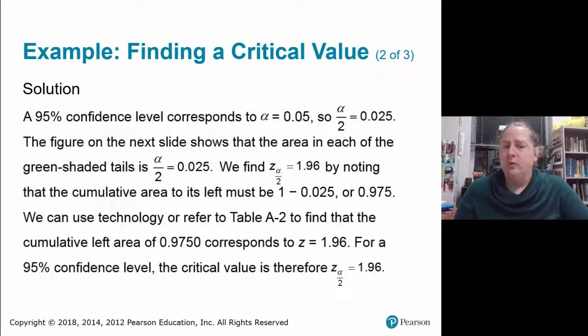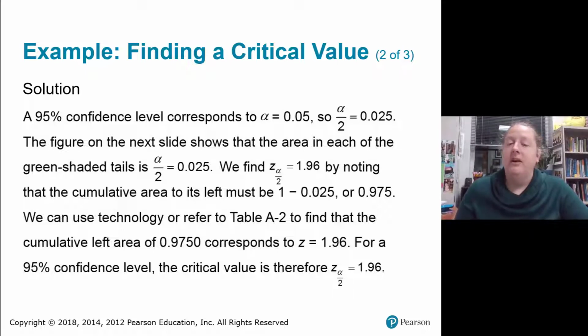So we want an area of 0.025 to the right of our z-value. If I want that area to the right, then the area to the left needs to be 1 minus 0.025, which is the area of 0.975.